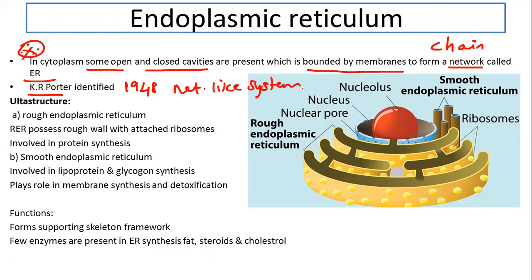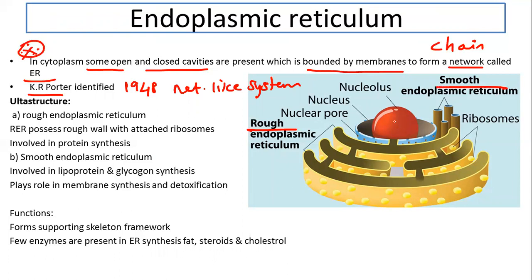When we talk about the structure of the endoplasmic reticulum, it is usually divided into two types: rough endoplasmic reticulum and smooth endoplasmic reticulum. How can you say this is rough and smooth?